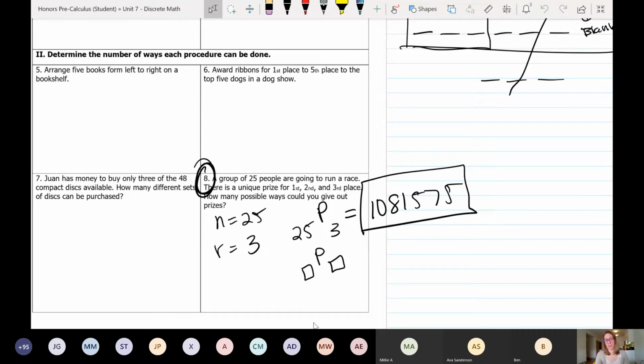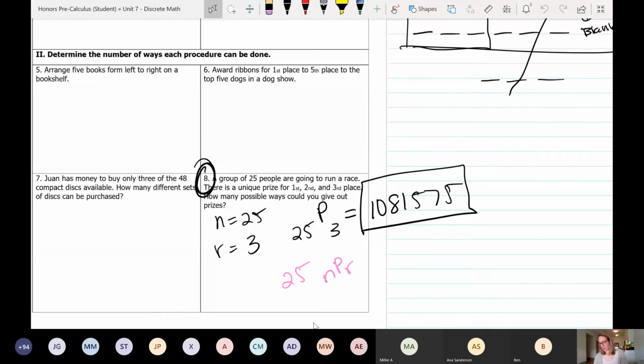If you have one of the older calculators, you have to hit the N number first. So you would type in 25, then go to math, probability number 2, and it would show NPR.